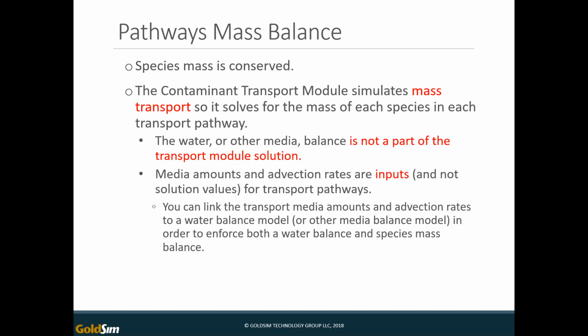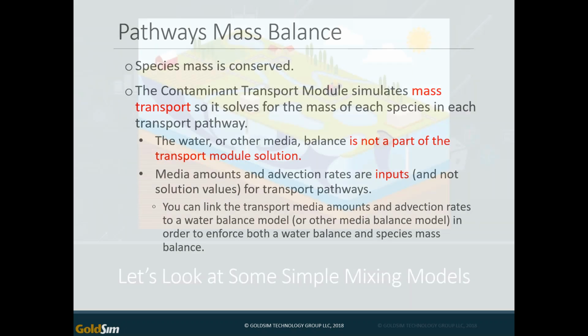It's not going to solve for where the water is in the system. You have to do that. So you would build a water management model or water balance model or water flow model using other elements in GoldSim, and they would then act as input to the contaminant transport part of your model. Toward the end of the webinar, I'll show you an example of what I mean by that.